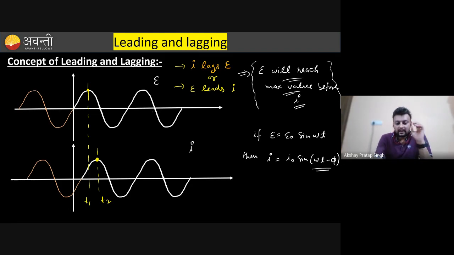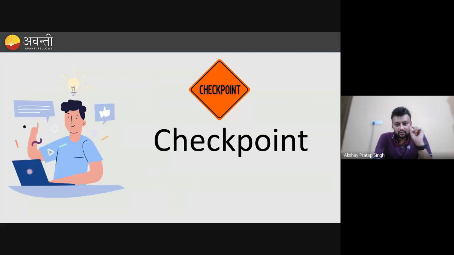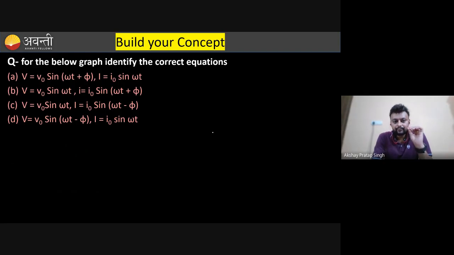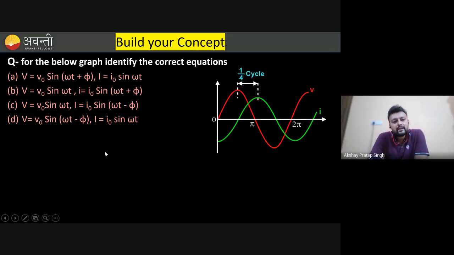Okay. Now there is a very simple question on your screen and I hope everyone will answer. There is a graph. For the below graph, identify the correct equations.